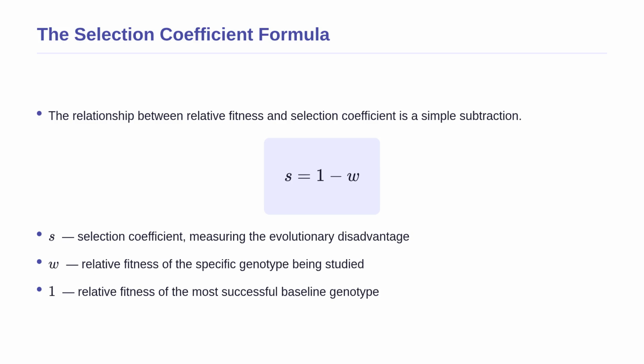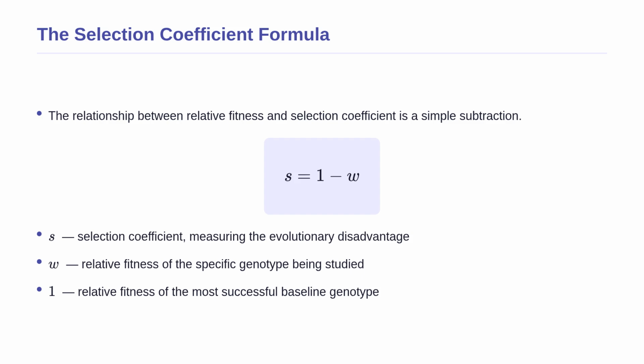Now that we understand relative fitness, let us look at the mathematical formula that connects these ideas. The relationship is beautifully simple. The formula is S = 1 − W. Conceptually, this formula compares the perfect baseline to the actual performance of our organism. The symbol S represents the selection coefficient, which is the evolutionary disadvantage we are trying to find.